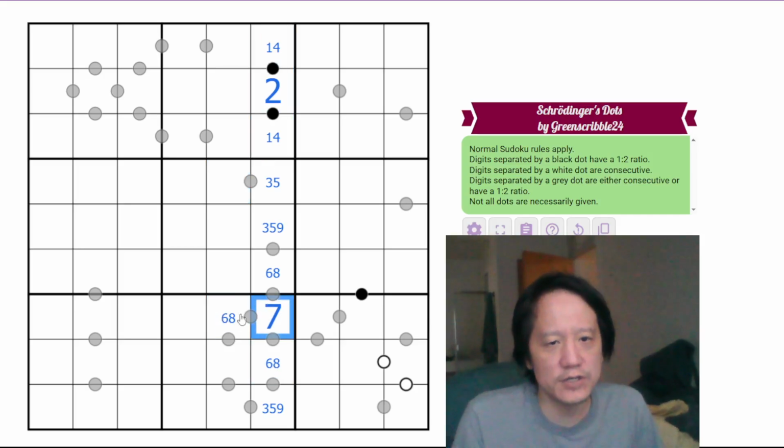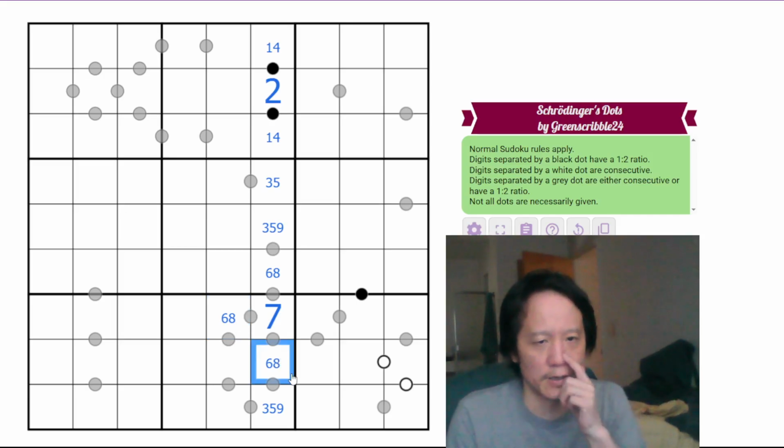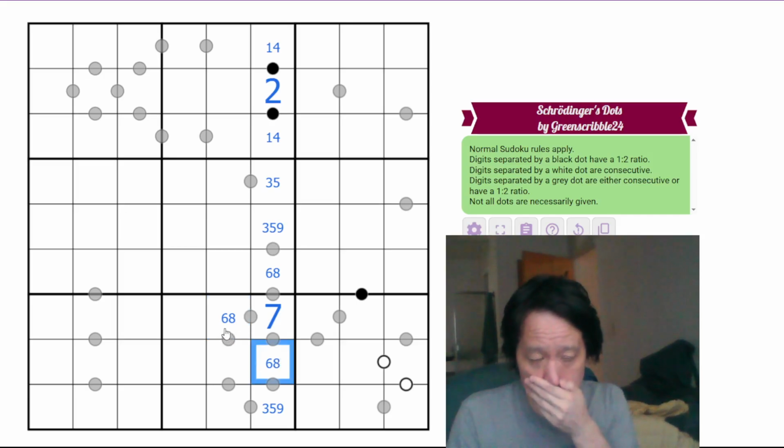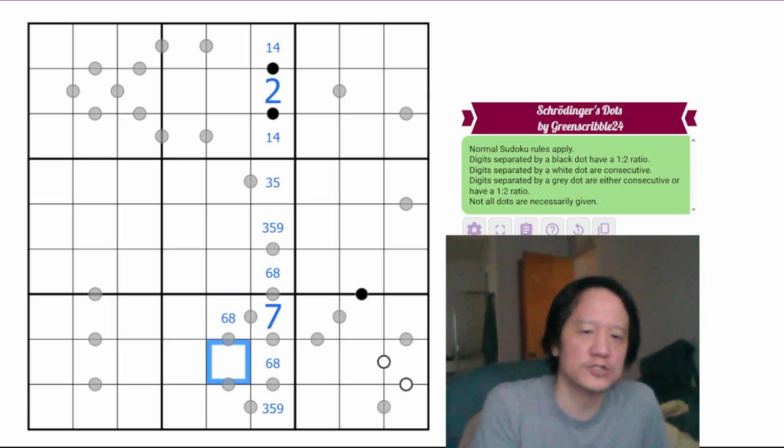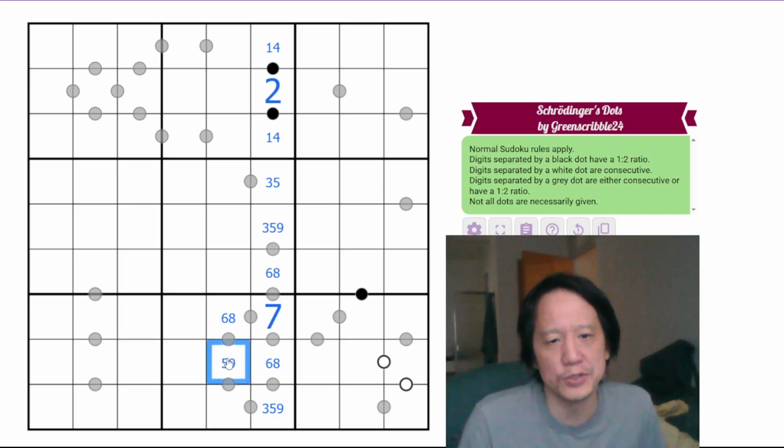So 7's only consecutive with 6 or 8, and it can't be in a 1 to 2 ratio with anything. So this is 6, 8 as a pair. Either this is consecutive, which would force us to be 5 or 9, or it's in a 1 to 2 ratio, which would force us to be 3 or 4.